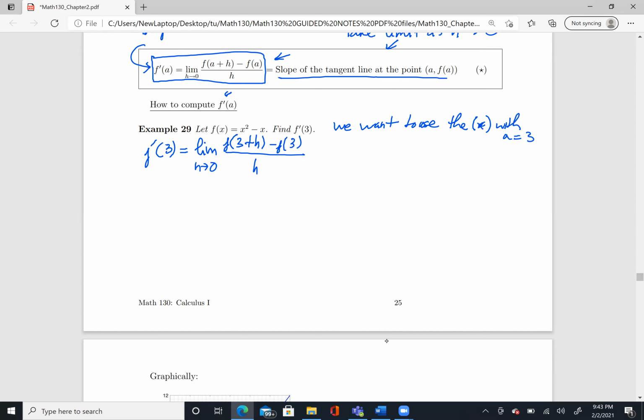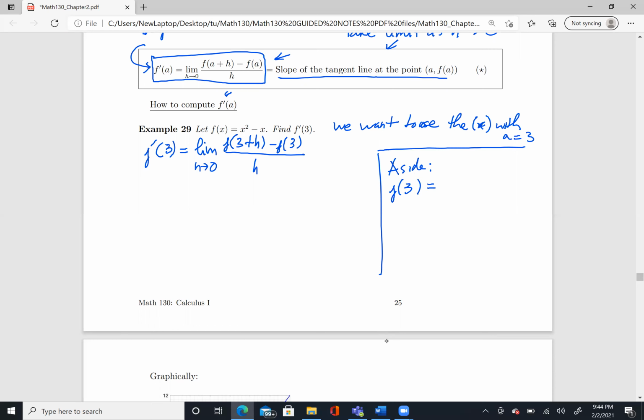In order to take the limit as h goes to 0 of this whole expression, I need a side calculation.